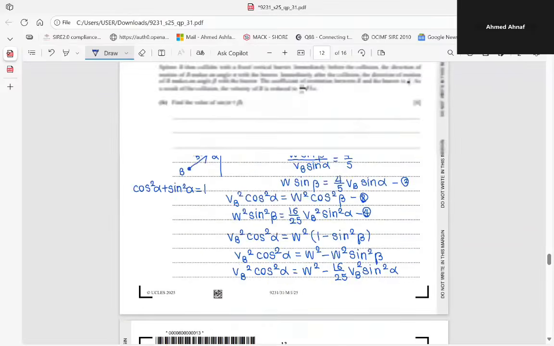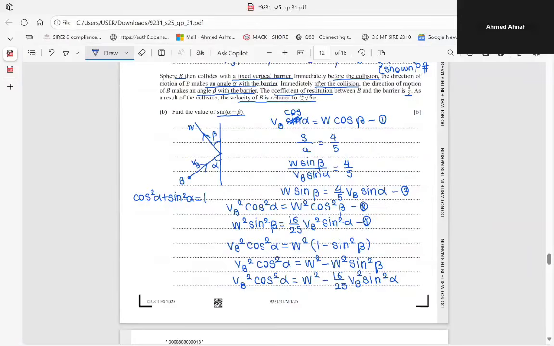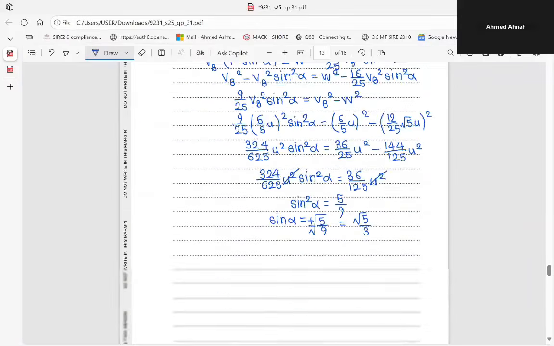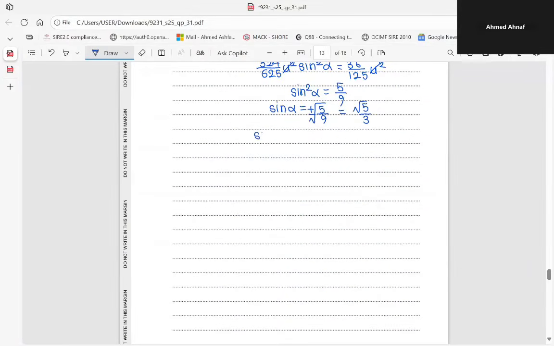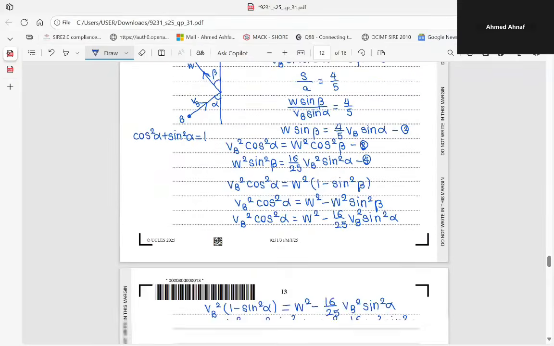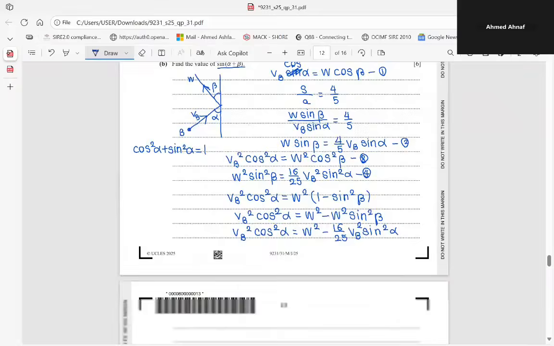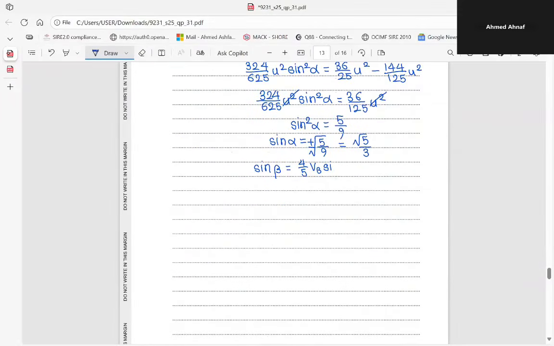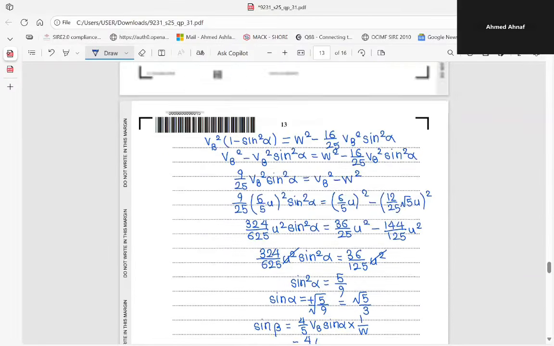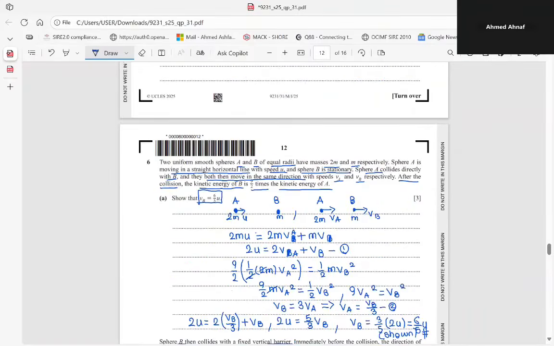Oh, you know what? Let's find sine beta first using our second equation. So sine beta is equal to 4 over 5 v_B sine alpha times 1 over w, which is equal to 4 over 5 times v_B. So v_B is just 6 over 5 u.